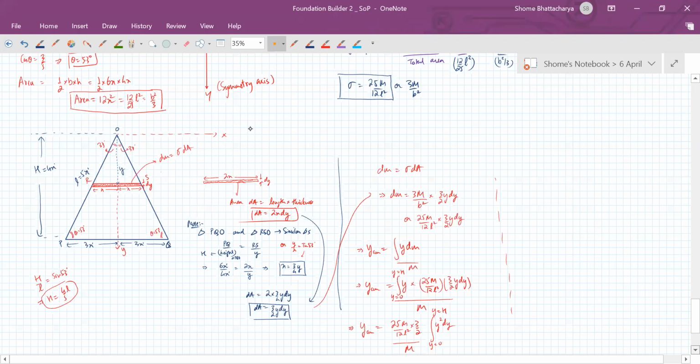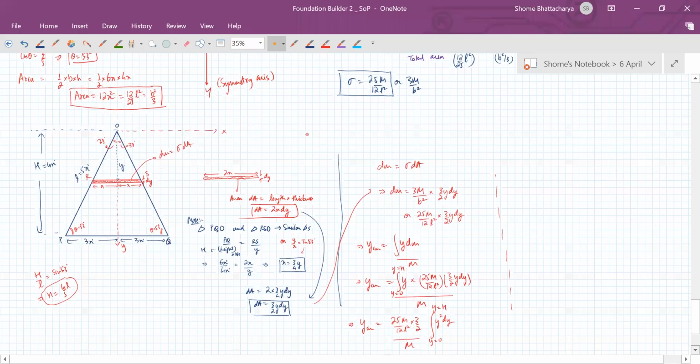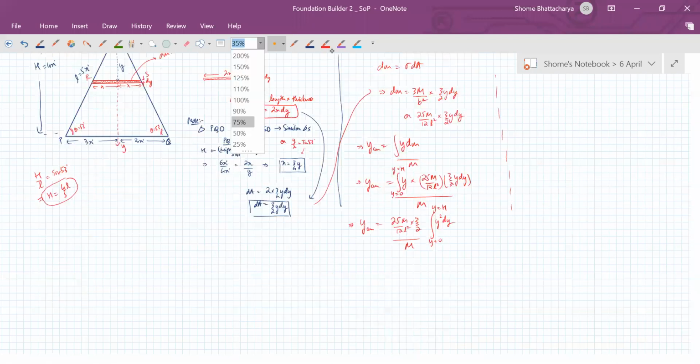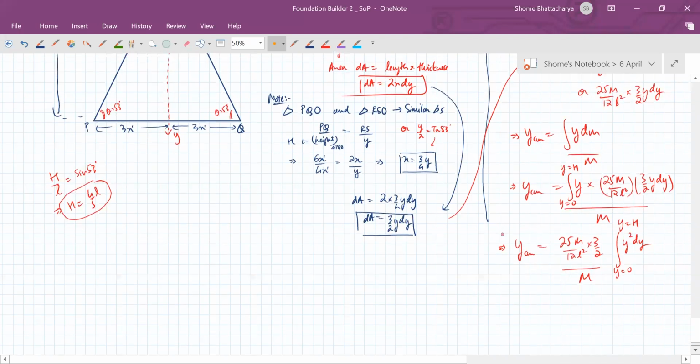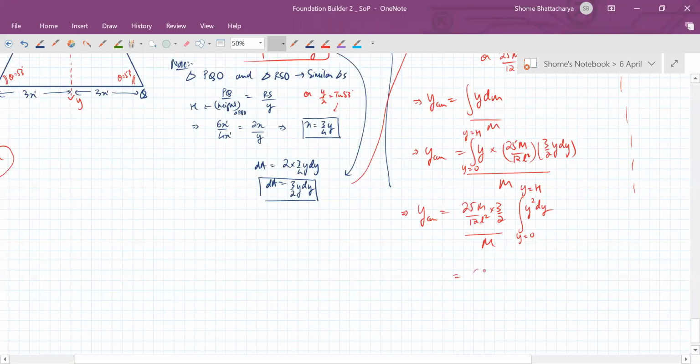Okay, so let's come to the final step, the integration step. So this is becoming how much now? No, we can cut off the 12. So 25 by 8 L square, now into y cube by 3, which we are integrating from y equal to 0 to y equal to h, which is 4L by 5.